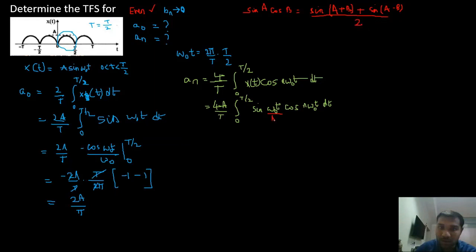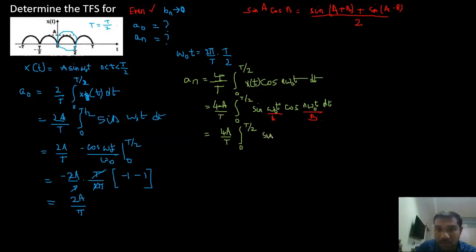This is my A and this is my B. So what will I get? I will get 4A by T, integral 0 to T by 2, sine A plus B. What is sine A plus B?